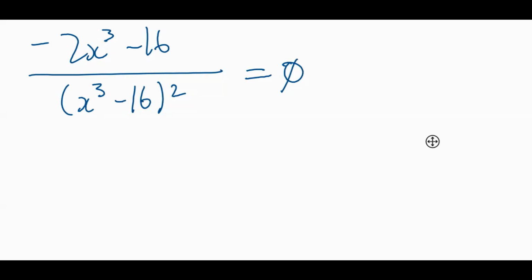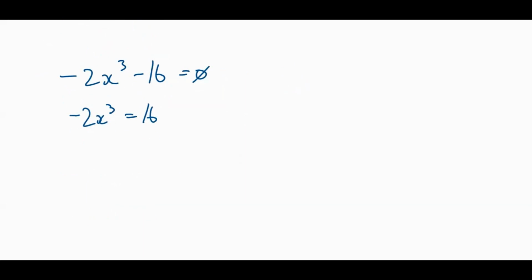We do a lot more equations, so that's good. And really, all I care about is the top when I'm trying to solve this equal to 0. So I'm going to move 16 to the other side, divide both sides by 2, and take the cube root. So it works out to negative 2.